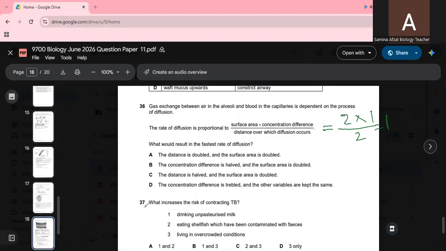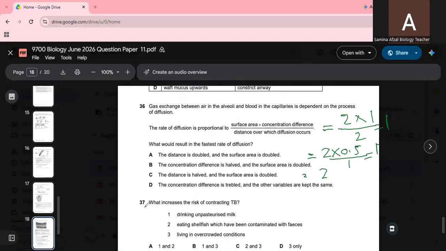The second is the concentration difference is halved and the surface area is doubled. So surface area is doubled and concentration difference is halved, which is 0.5, and it is divided by 1. So it is equal to 1. Then next is the distance is halved and the surface area is doubled.